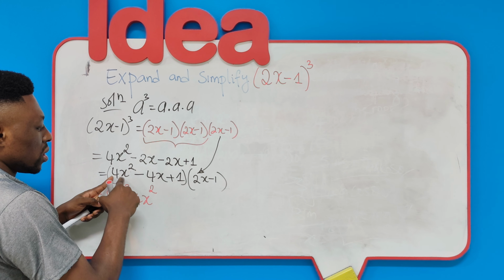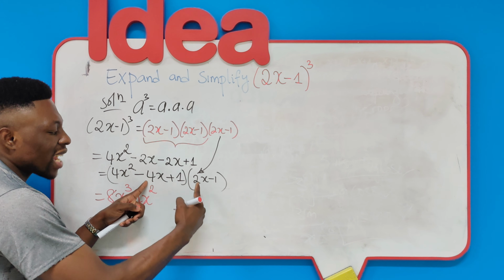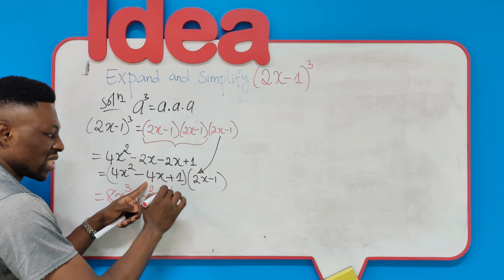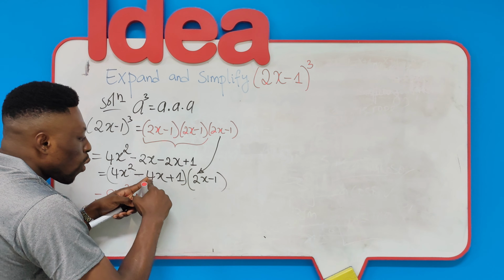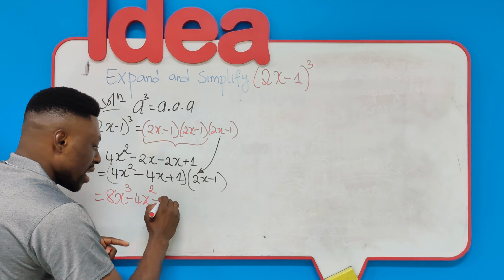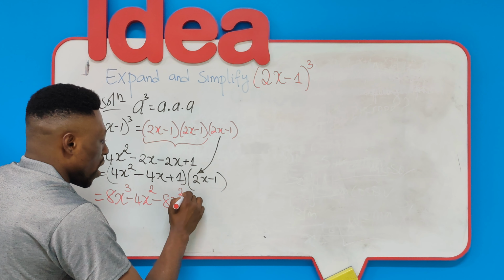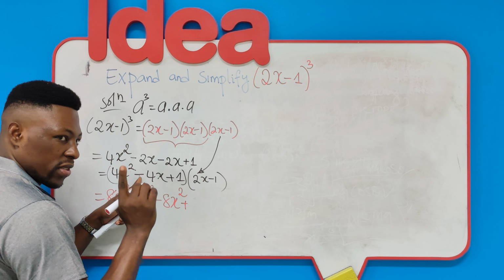We're done with this. Now we move to this. Negative 4x times 2x. Now step by step, there is only one negative, so the negative prevails. 4 times 2 is 8. Now x times x is x squared. Very good. We aren't done with negative 4x yet. Now negative 4x times negative 1, there are two negatives, so they turn into a positive.